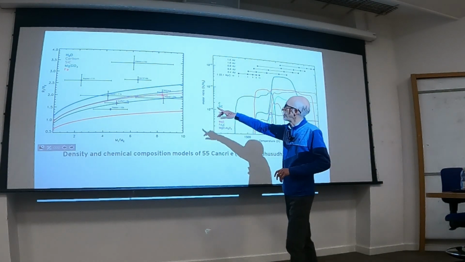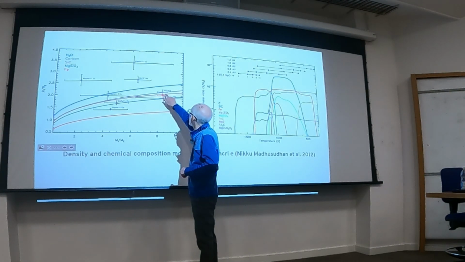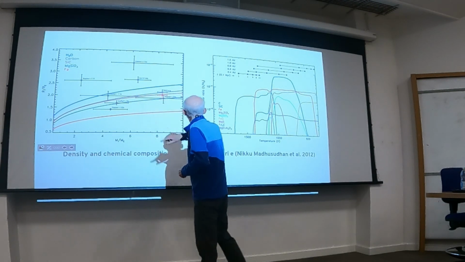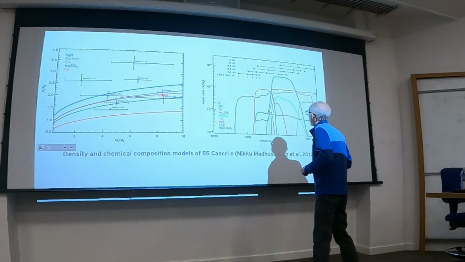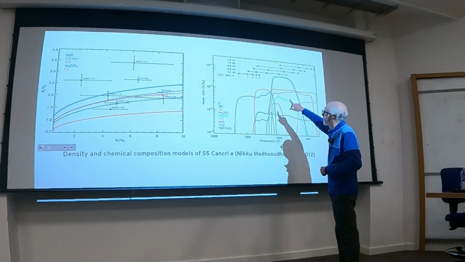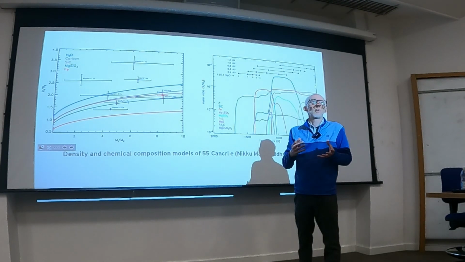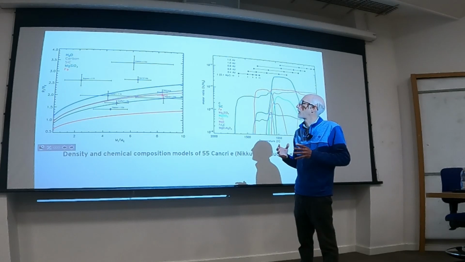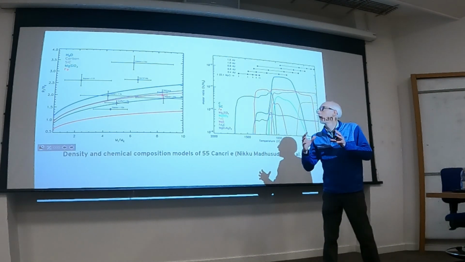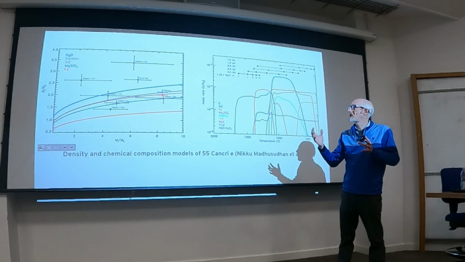This is a density model and puts 55 Cancri right in the carbon range, and also here as well. This is some chemical analysis. Now the reason they think it's probably carbon is because they've detected a lot of carbon in its atmosphere, and because it's very close to its star, it should in theory have its atmosphere blown away.